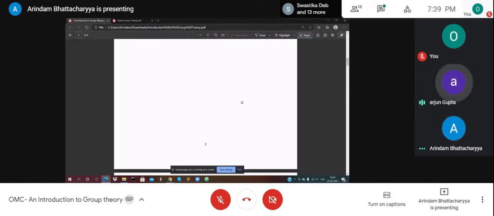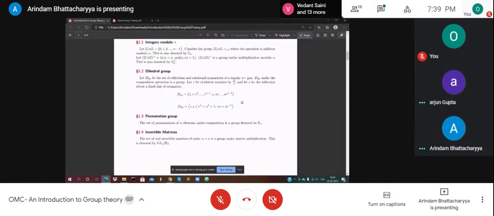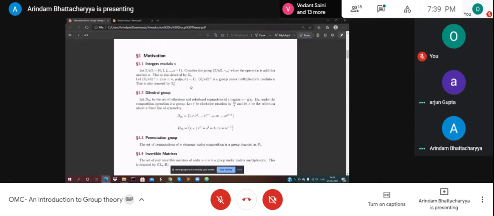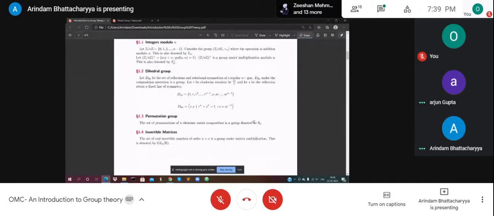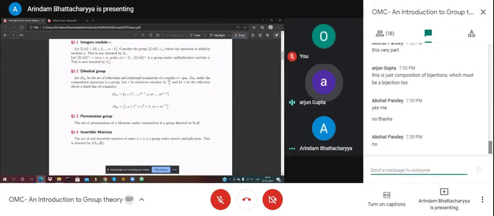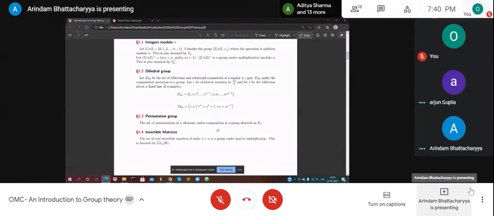Why is the second example a binary operation? By binary you mean why is this a binary operation? Binary operation means composition of two elements, but here we are composing one element with a function. But both the elements here are functions.